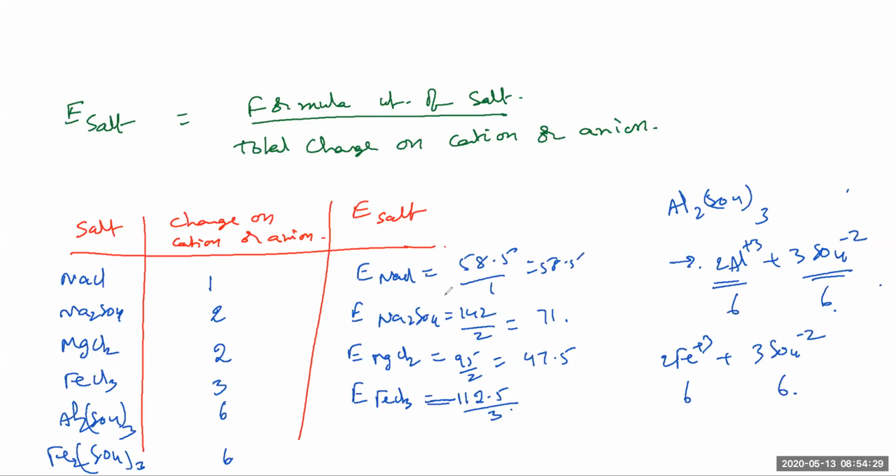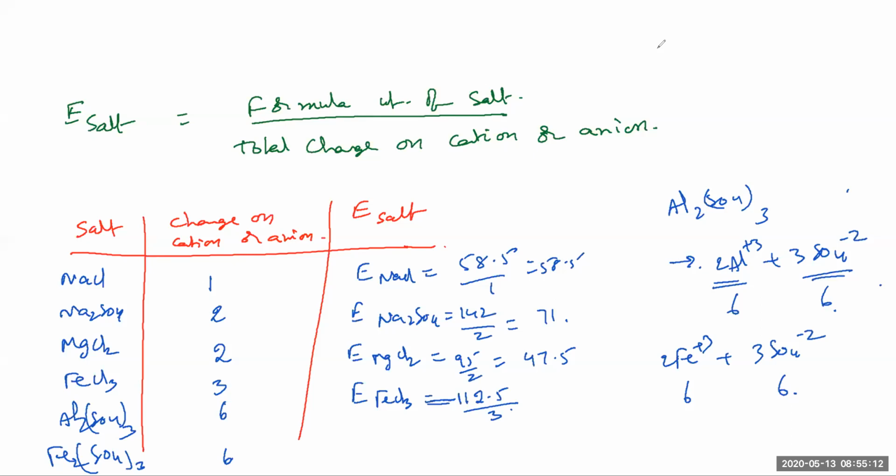I think it comes out as 342. Correct or not? Check it. Yeah, 342. Okay, 342 divided by 6 is 57. Right. Next, what is the formula weight of iron sulfate? Exactly, 342 by 6, we get 57.